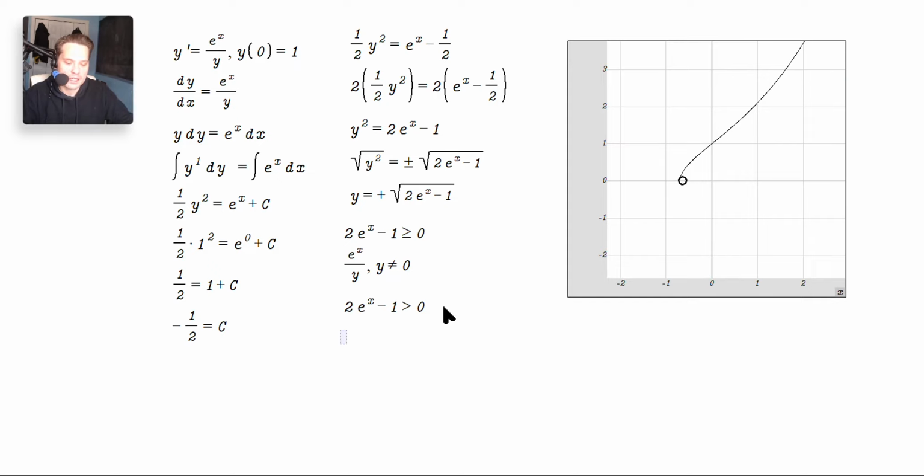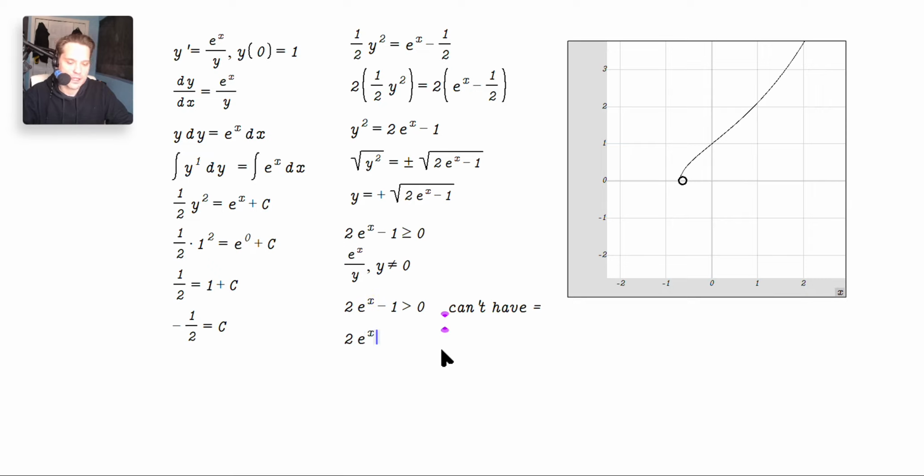Let me stress, we can't have the equal to part, because you can tell from the graph that y there would be equal to 0. That would make e to the x over y undefined. So you have to have this condition for that reason.